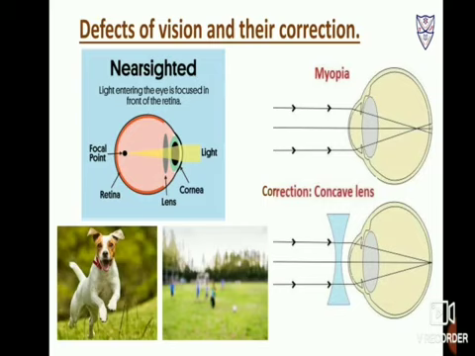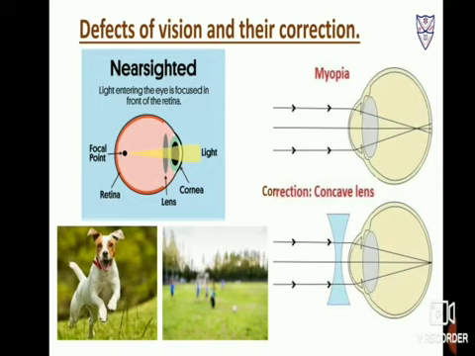Now students, let us discuss defects of vision and their correction. First is nearsightedness, or myopia. A person with myopia or nearsightedness can see nearby objects distinctly but cannot see distant, far off objects.